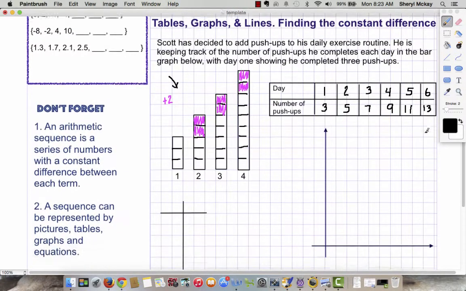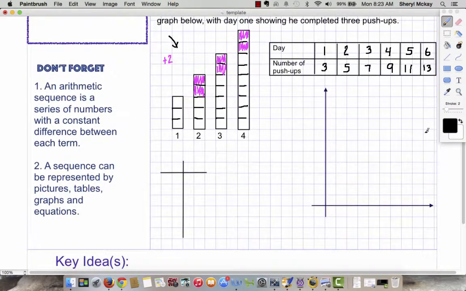Another way to represent this information, this data, is to do a little T-chart. So down here I have a little T-chart, and I'm going to say X and Y, where X is the number of days and Y is the push-ups. All right? So when X is 1, Y is 3.